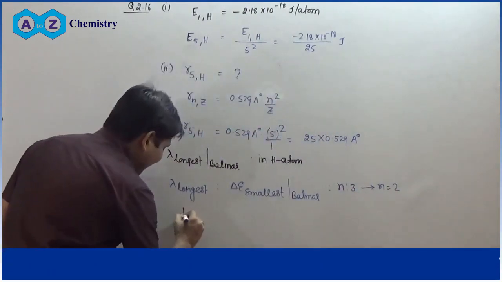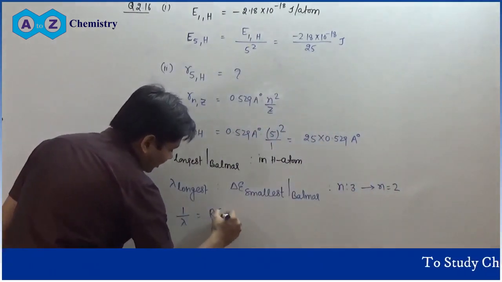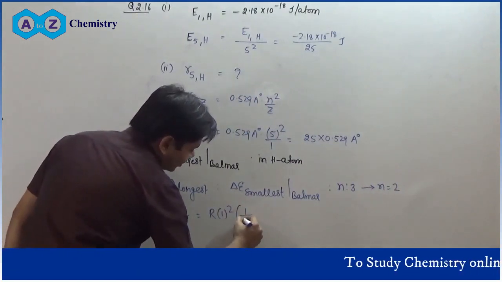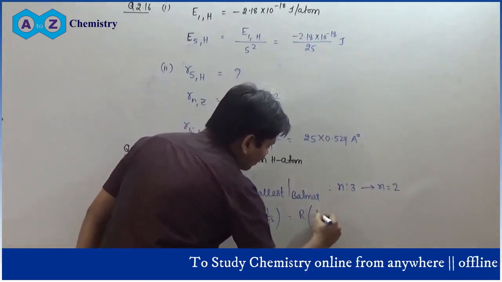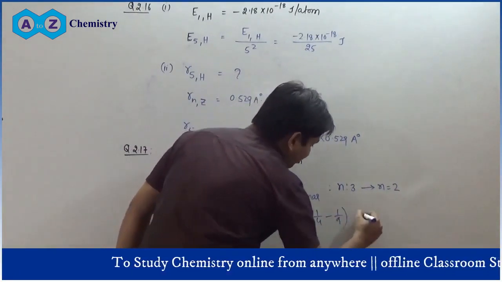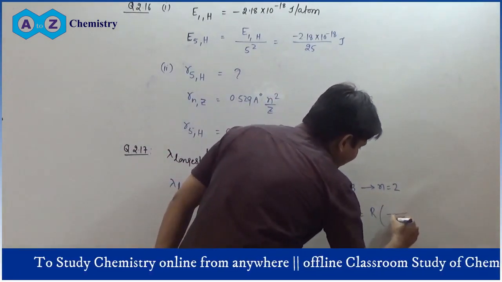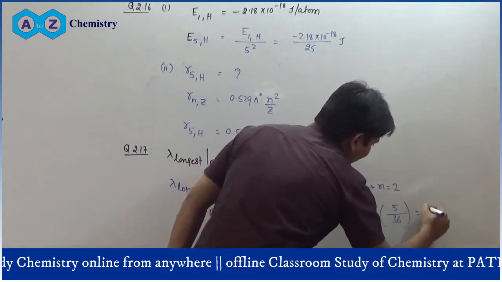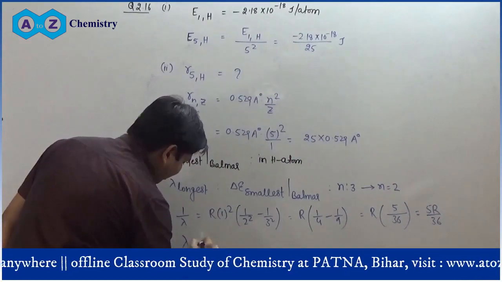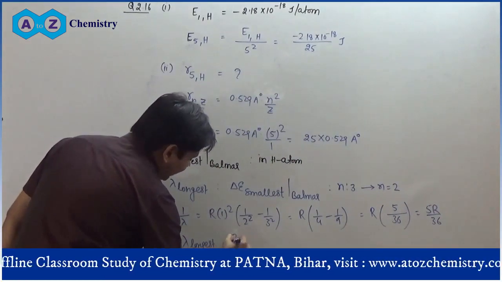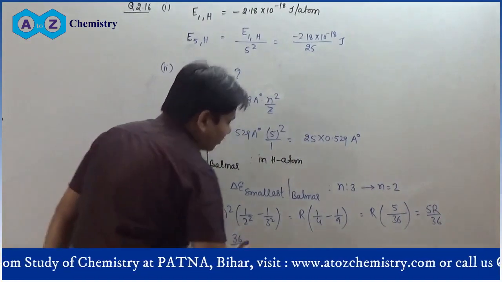So 1 by lambda corresponds to R times (1 by 2 square minus 1 by 3 square), that is equal to R times (1 by 4 minus 1 by 9). You will have 5 by 36, so 5R by 36. So lambda longest will be equal to 36 by 5R, where R is the Rydberg constant.